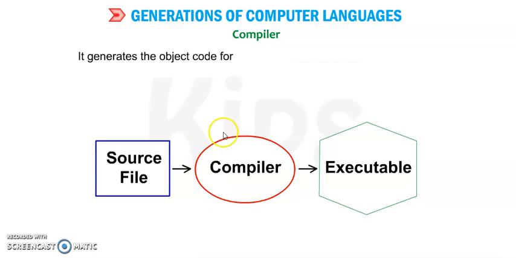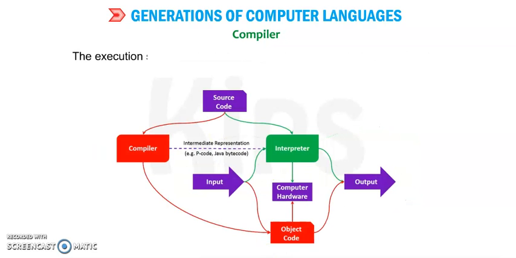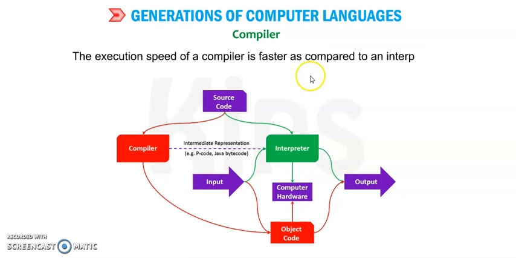It generates the object code for the program along with the list of errors. The execution speed of a compiler is faster than an interpreter because it translates the whole program at once. That's why a compiler is faster than an interpreter.